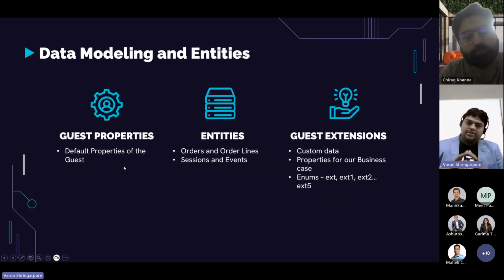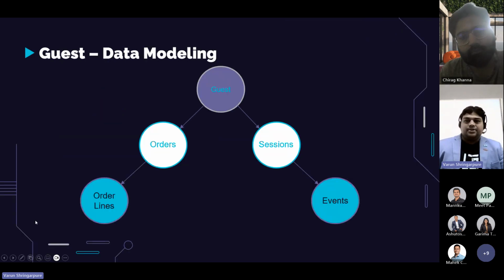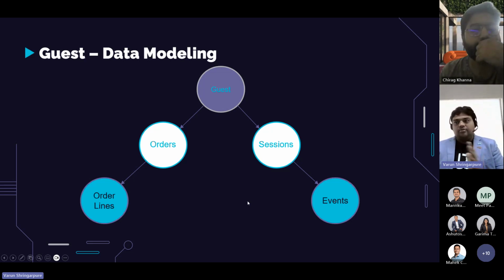Every guest has default properties, something like email, first seen, last seen, and language. But then there are other entities like orders and order lines. Any user who is ordering something on your website is considered a part of the order section in CDP, and each product that he or she is ordering is a part of that order line. Similarly, a user might come to your website from multiple devices, or the same device at multiple different times.